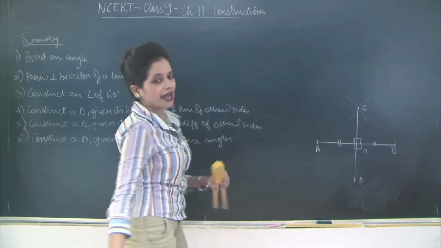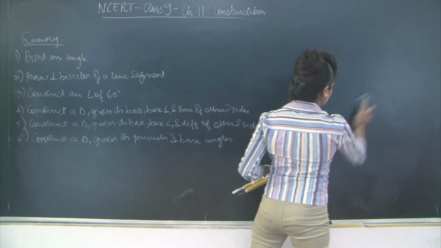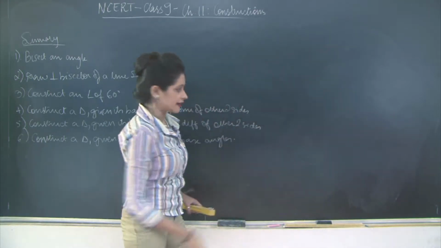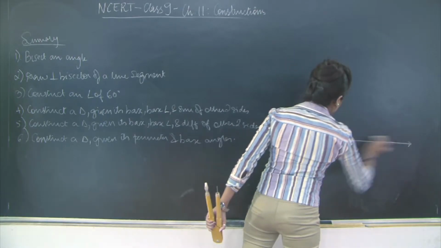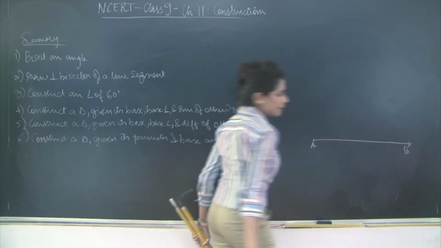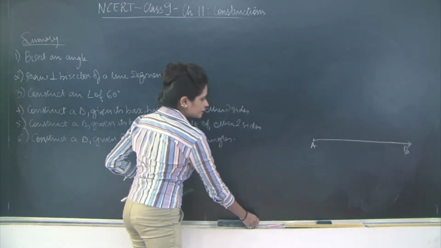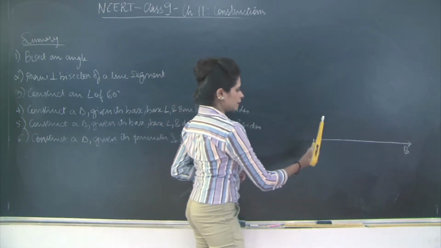Now construct an angle of 60 degrees. So how do you construct an angle of 60 degrees? You simply draw a ray. So let's say this is your ray AB with A as the initial point and B as the extending arm, right? You're going to take any length on your compass with A as the center.